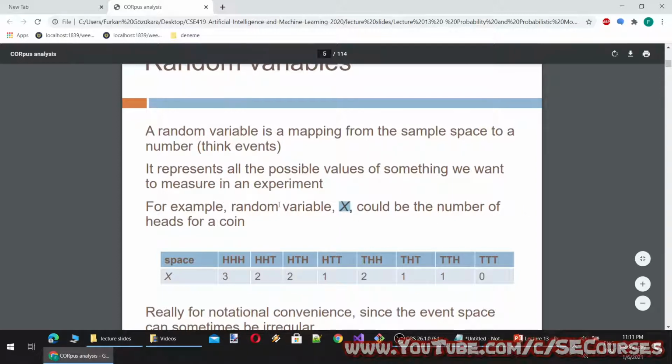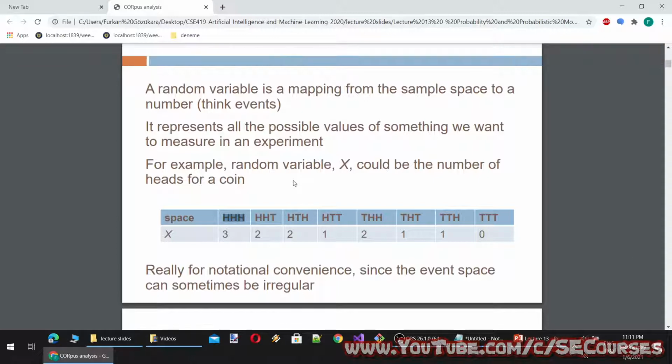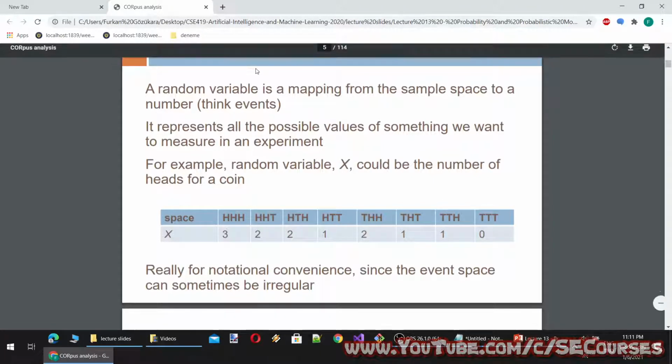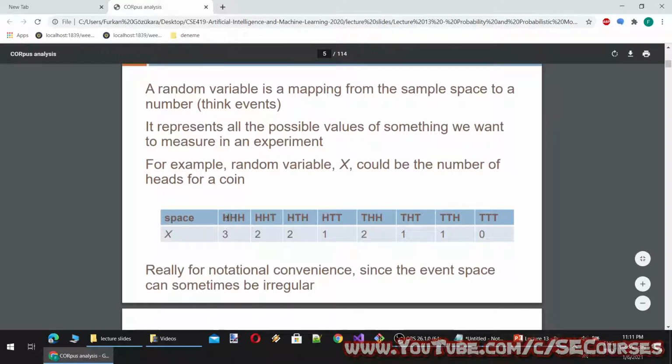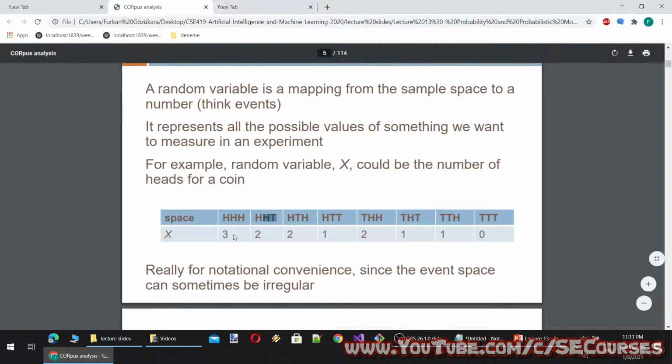Let's see the space. Let's think that we are flipping a coin 3 times, and it can be either head or tail. So the head count, when we do it 3 times, it can be head, head, head, or head, head, tail.